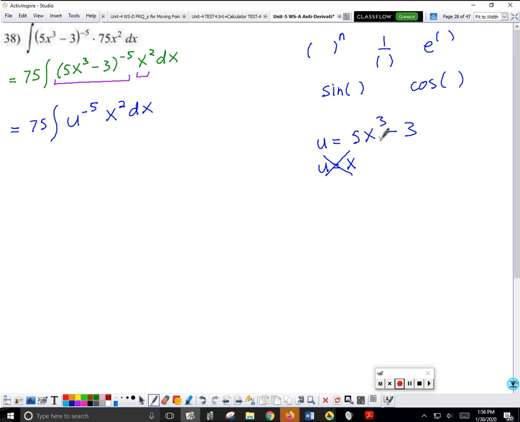So you come over here and figure out how to do it. I have this equation that tells me how u is related to x. I've got to figure out how dx is related to du. That's what I need. So to do that, I'm going to take the derivative of both sides of this.